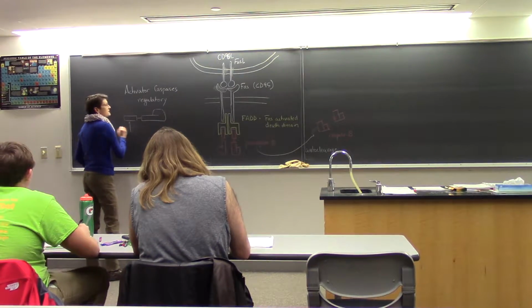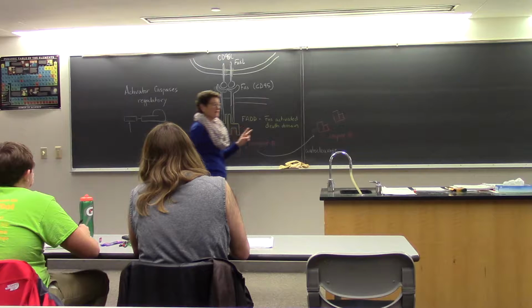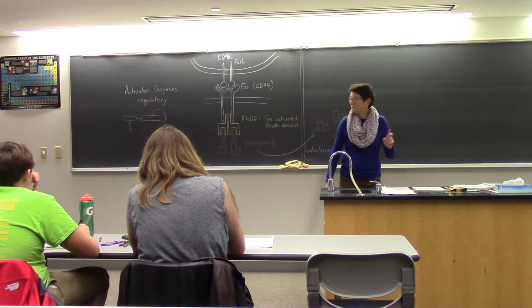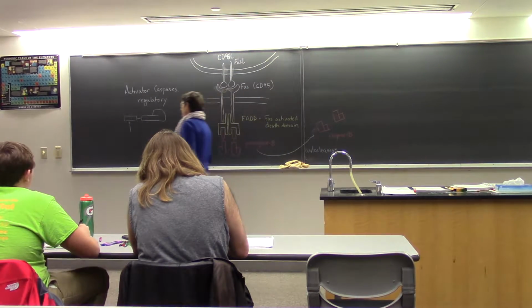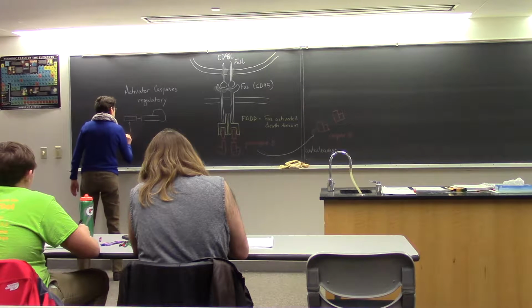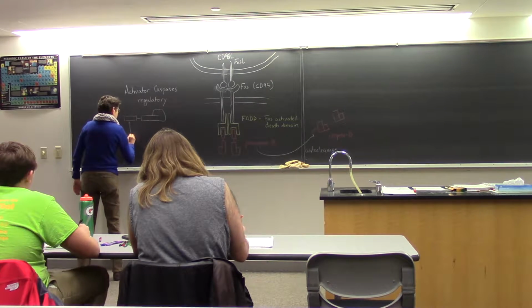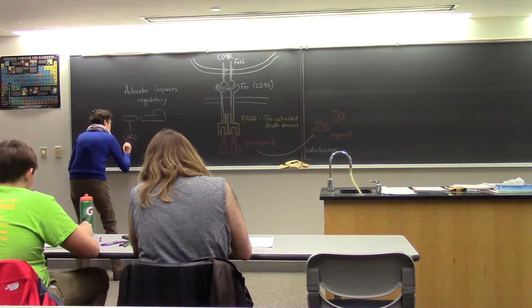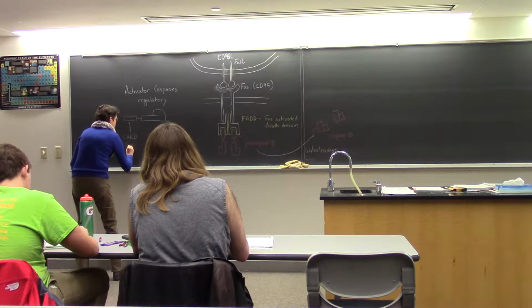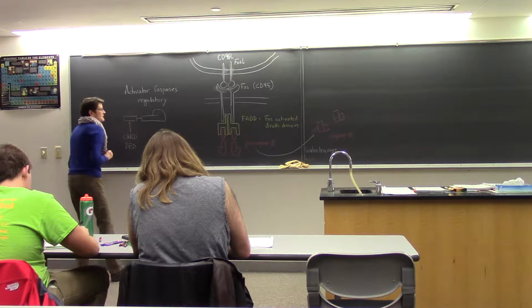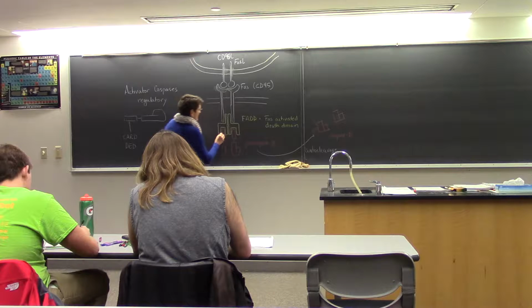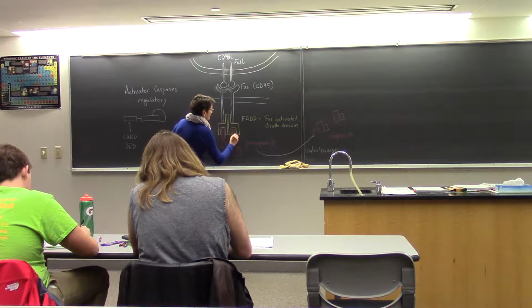And there are actually two kinds of domains that you can have in a regulatory or an activator caspase. One is a CARD domain, and one's a death domain. And procaspase 8 actually has two CARD domains.